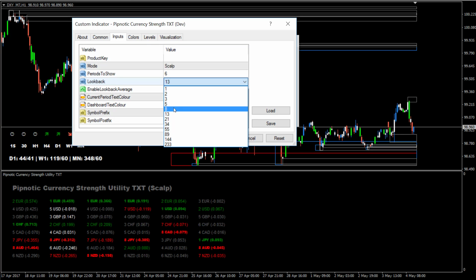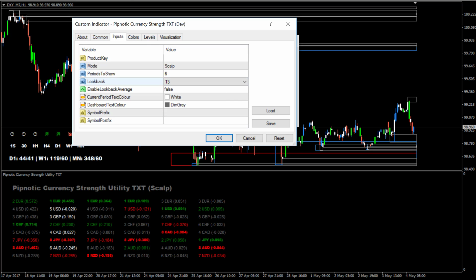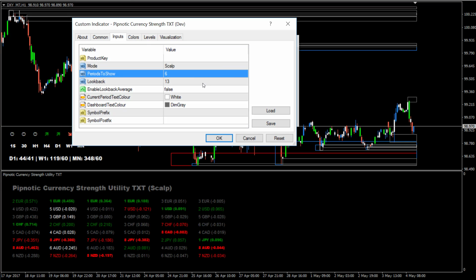The general recommendation that I have is to keep it on 5 or above, and maybe not go above, I don't know, 34 or 21. I like to put it on about 13, 8 or 13. This works good for me, and so this is what I'll recommend that you use, but you're free to use whichever other setting is available there.